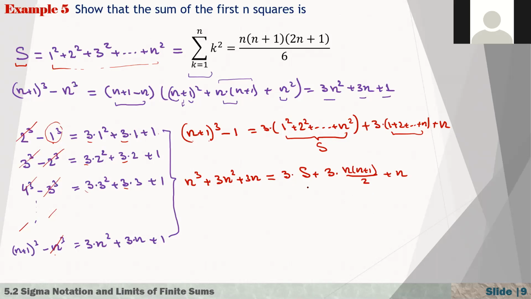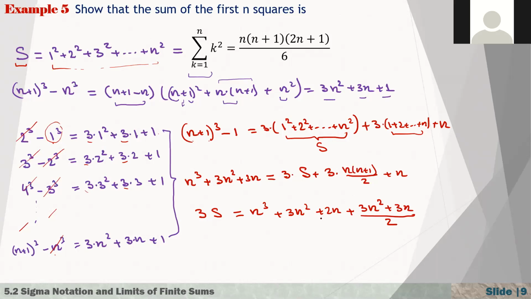All right, so to find S, let me just take everything to the left hand side. So here then I have 3S is equal to n cubed plus 3n squared, and this 3n minus n, that's equal to 2n, plus 3 times this one, let's say n squared plus 3n over 2.